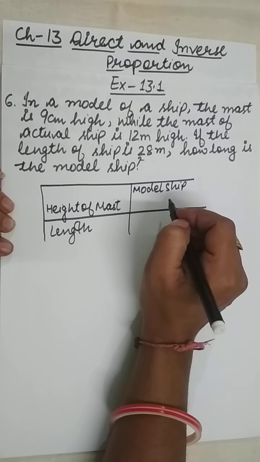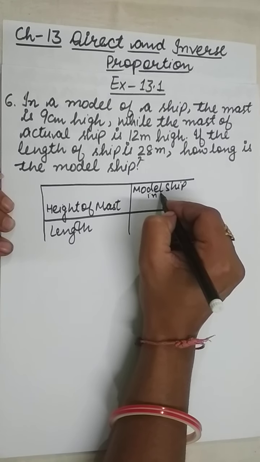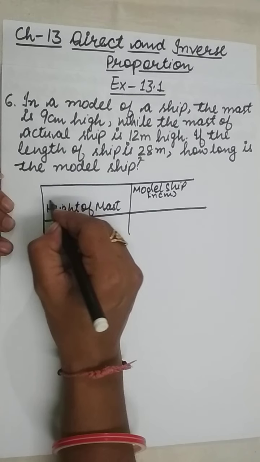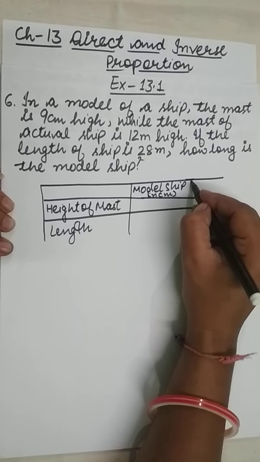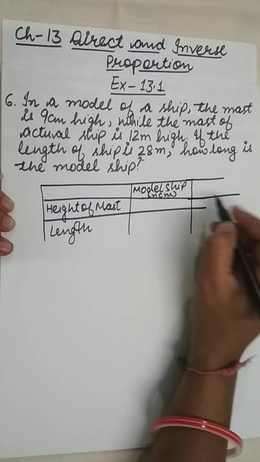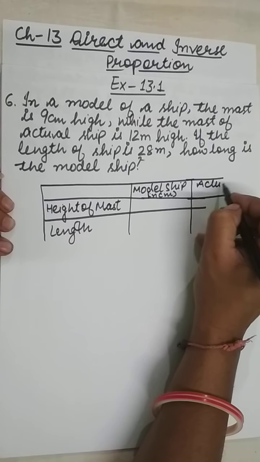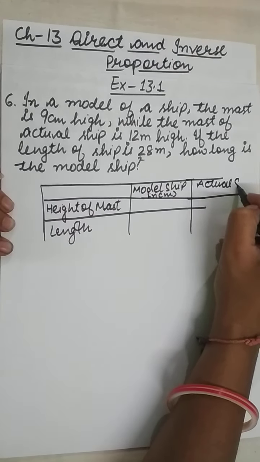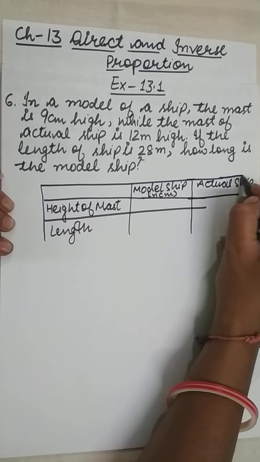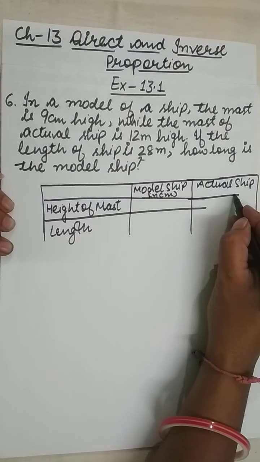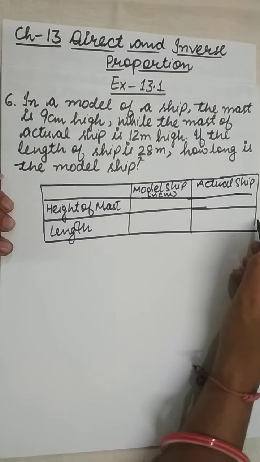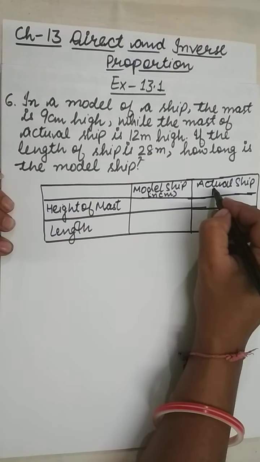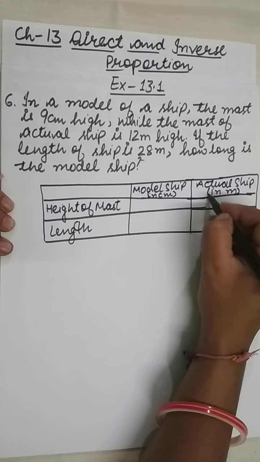The dimensions of the model ship is given in centimeters, so I would write here in centimeter. Next is the actual ship. For actual ship the dimensions are given in meters, so here it is in meters.